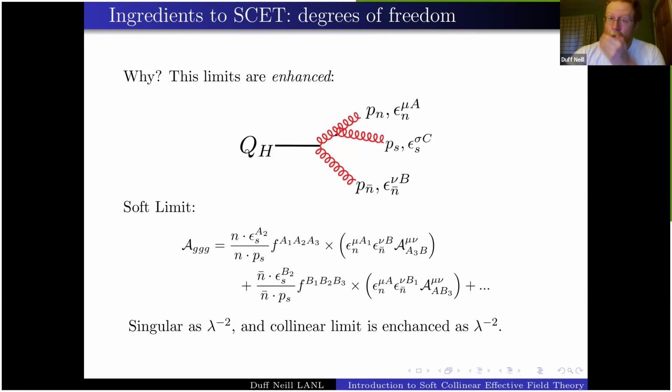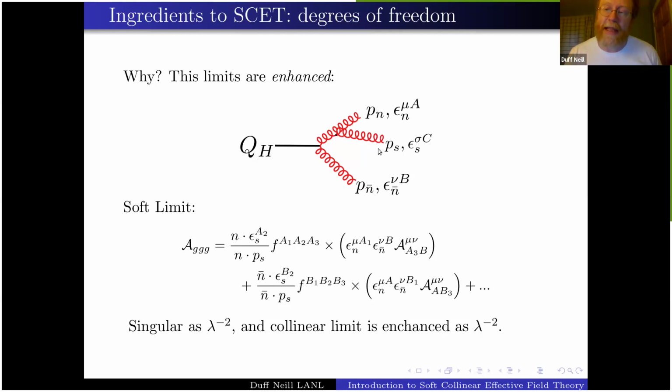In particular, if I were to go and declare that this gluon is ultra-soft, I could expand this full Feynman diagram, plus all the other ones I didn't write down. You need to write down the complete set and sum them.